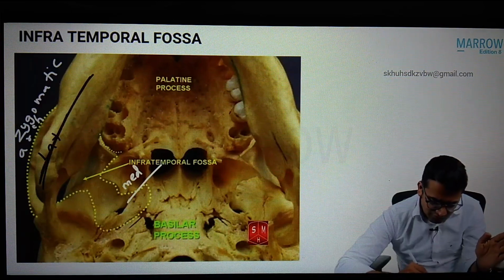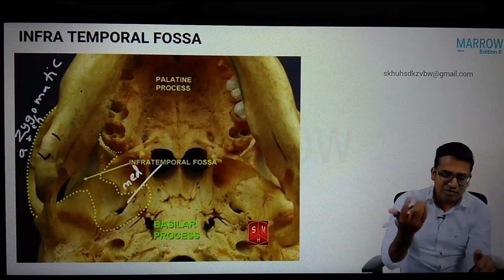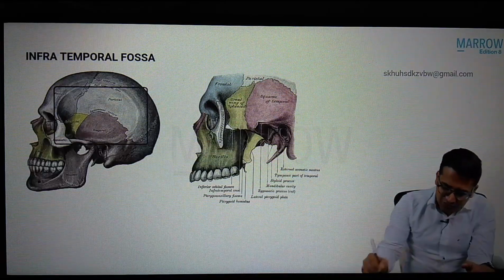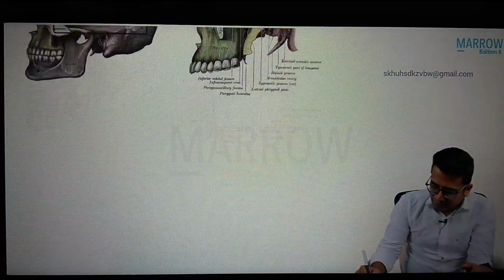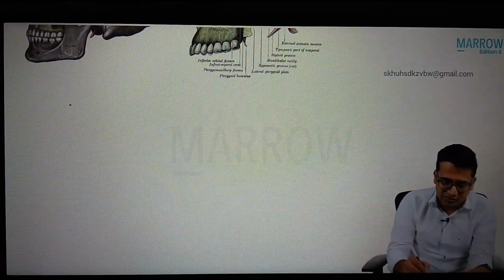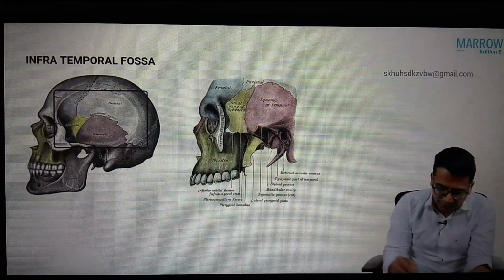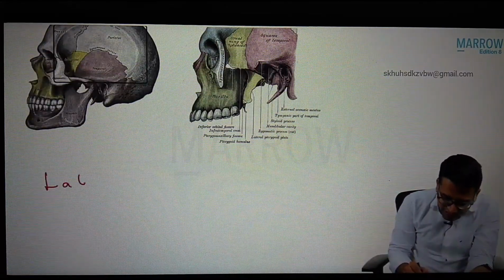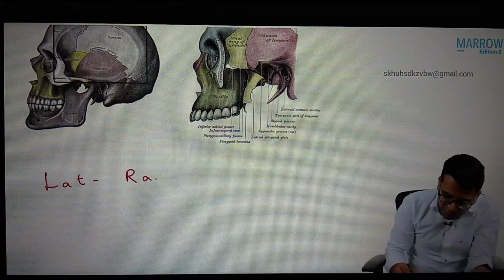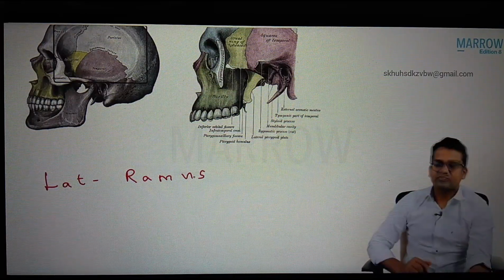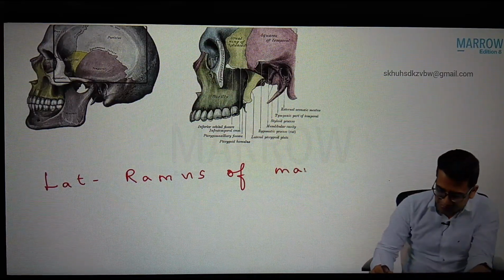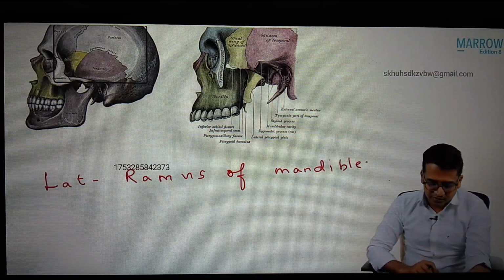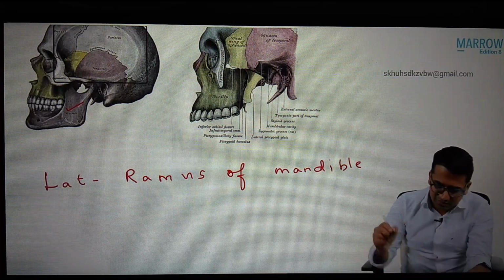What bone? That is the ramus of mandible. So we are adding the boundaries of the infratemporal fossa. The lateral boundary will be the ramus of mandible.